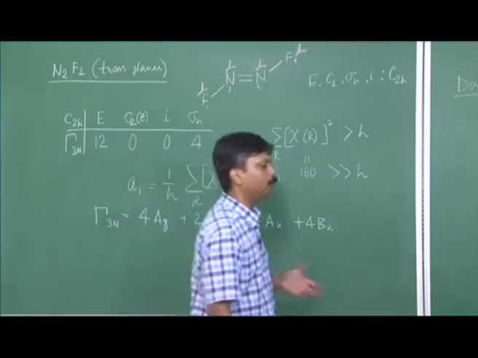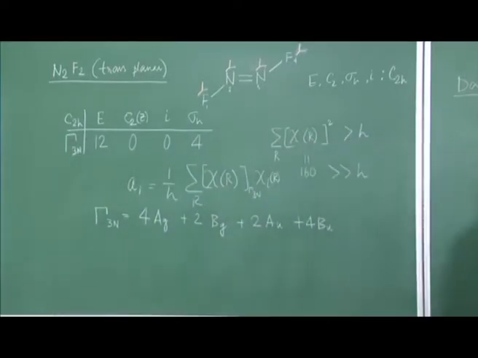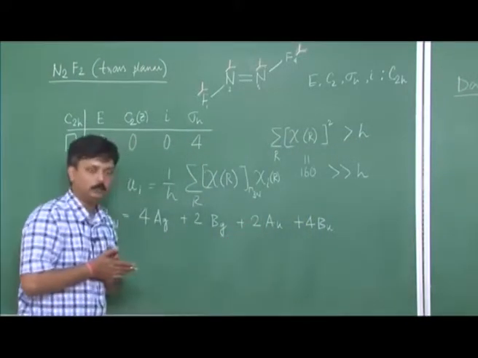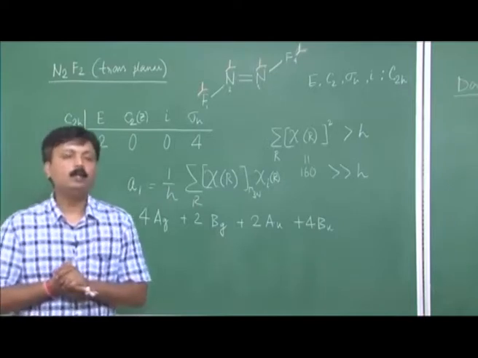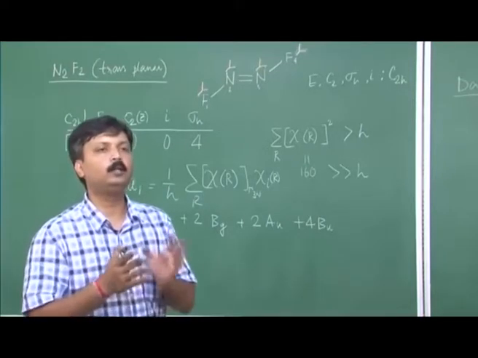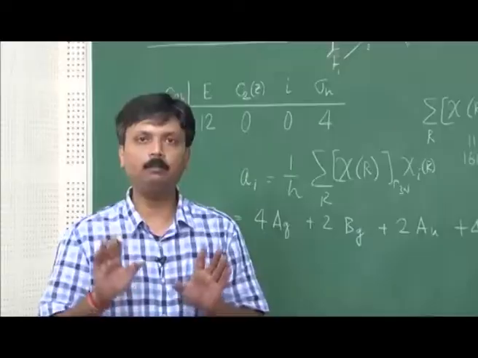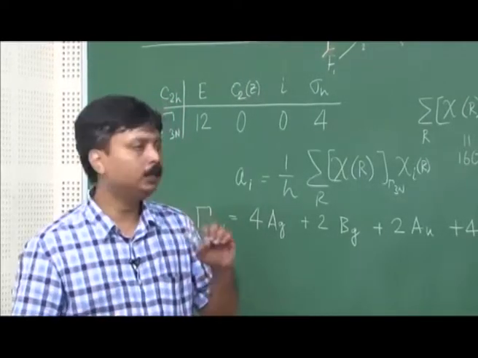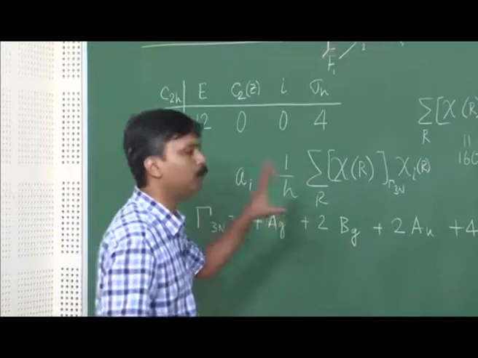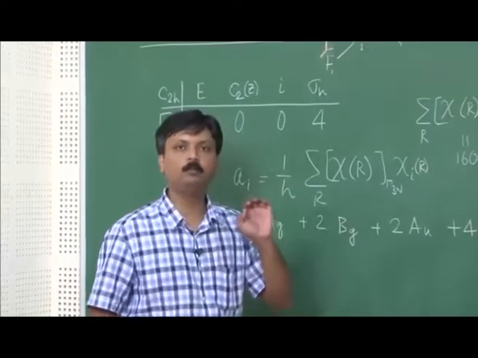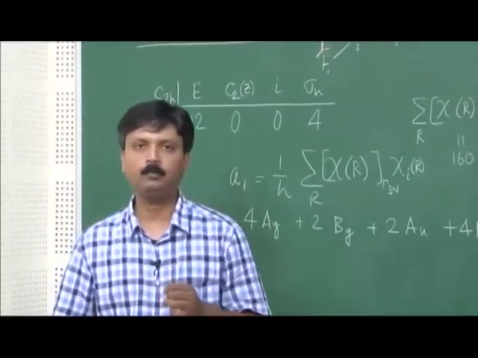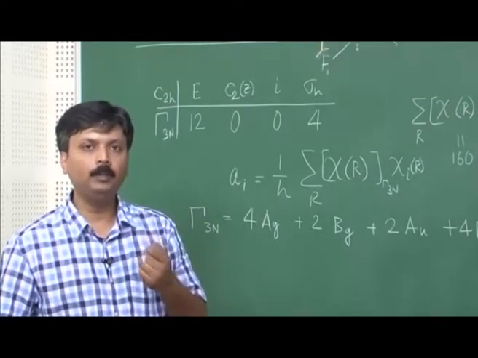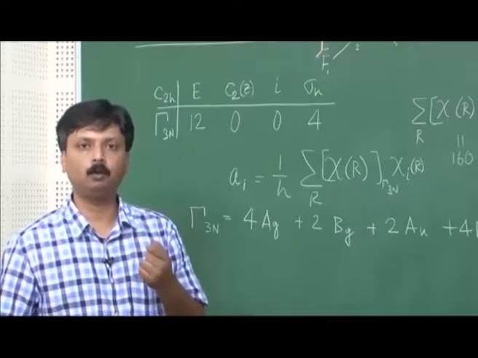Now the next step is to find out which of these irreducible representations will give me the genuine vibrational normal modes. In other words, of all these 12 possible modes or degrees of freedom, how many will be vibrational normal modes?